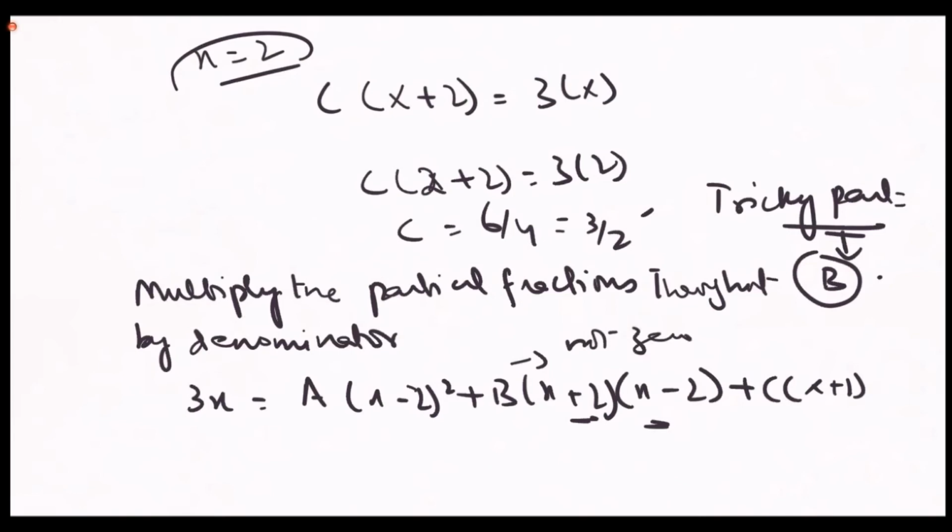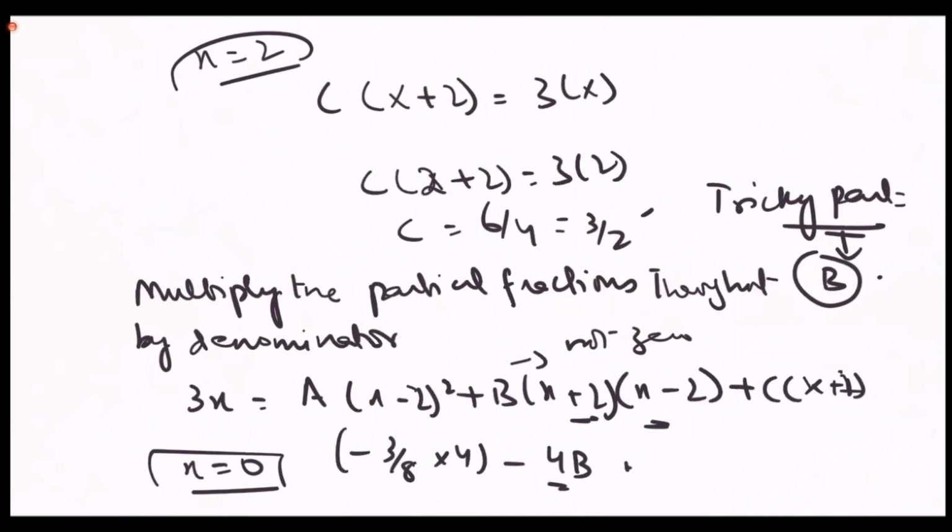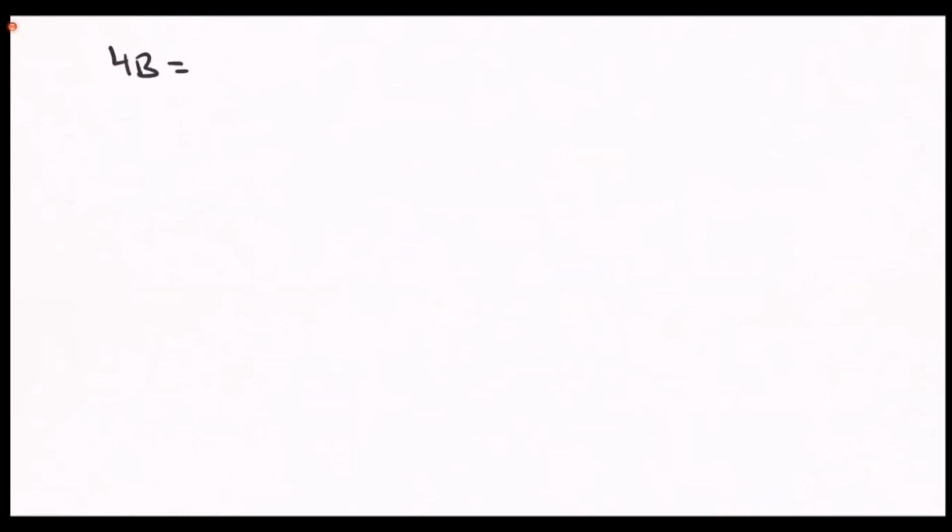Others can be 0 but not this, right? What we will be doing is putting the value x equals 0. When we do this, we know the value of a, so it becomes minus 3 over 8 into 4, minus 4b, plus 3 over 2 into 2, because 0 plus 2 is 2. Further, we are getting 4b equals 3 over 2, and b then becomes 3 over 8.